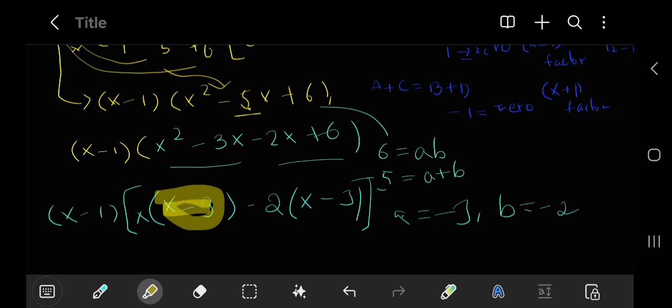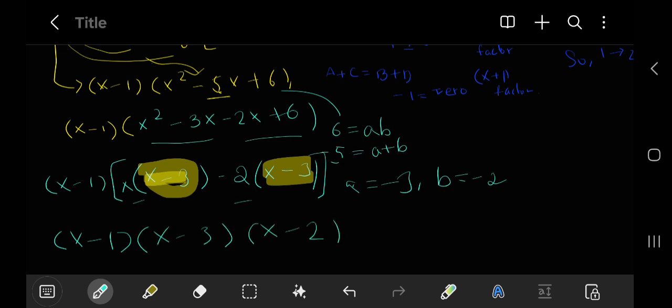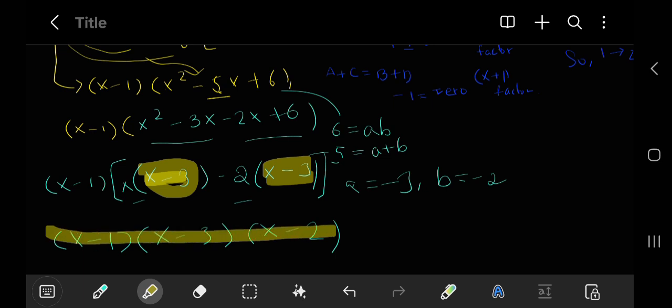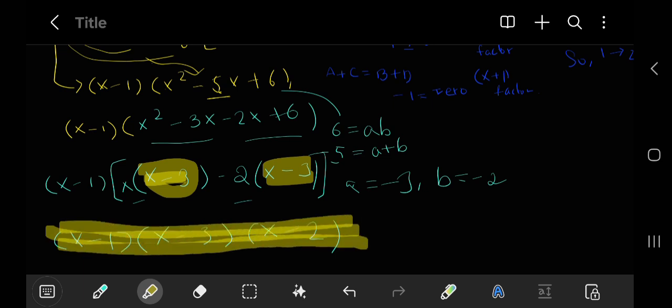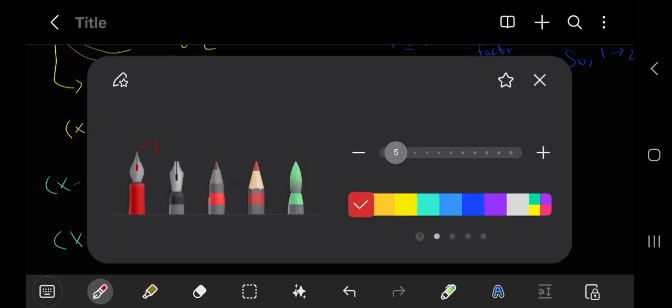In the second part, I took minus 2 common, leaving me x minus 3. Take that x minus 3 common, which will leave me with x minus 1 into x minus 3 into x minus 2. So that is my answer, and that is my factorized form for the first polynomial.